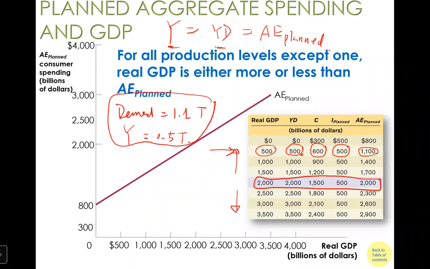Okay, so what next? What I'm trying to ask you is, what do you think the business is going to do? Are they going to increase the production or decrease the production? That's a question. The answer is obvious, right?